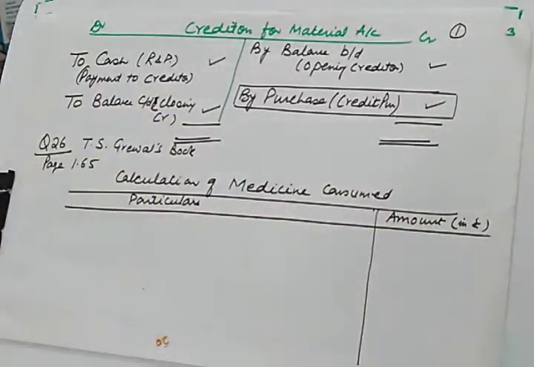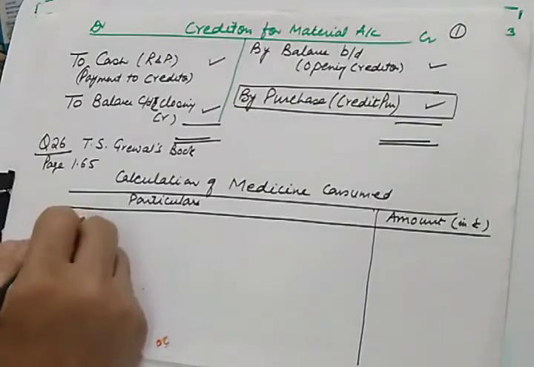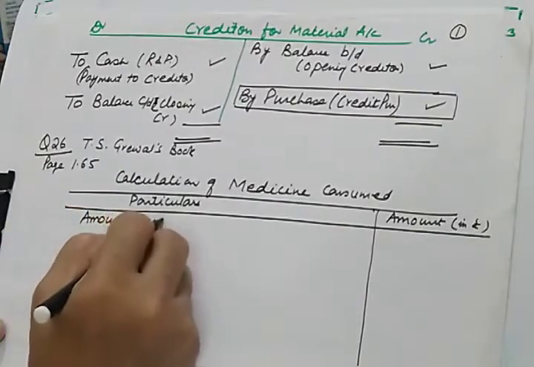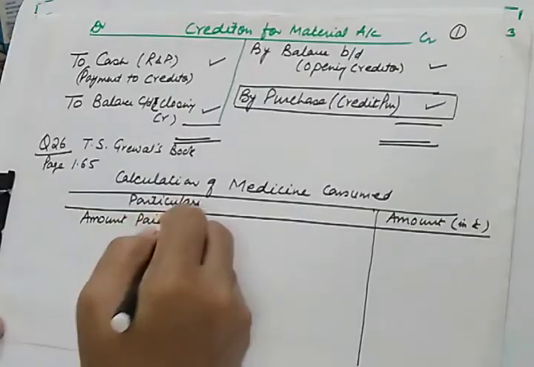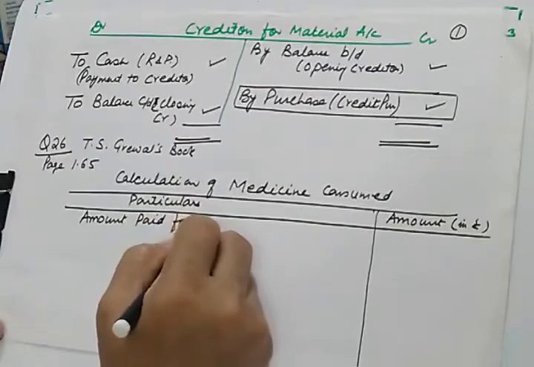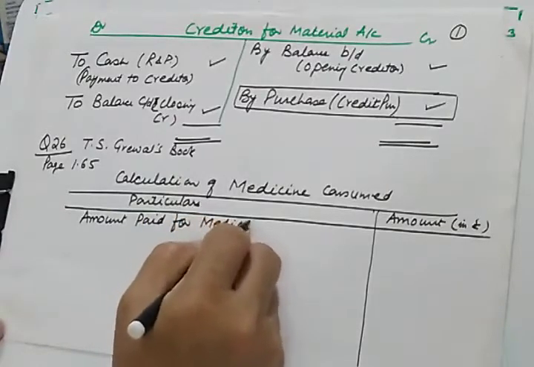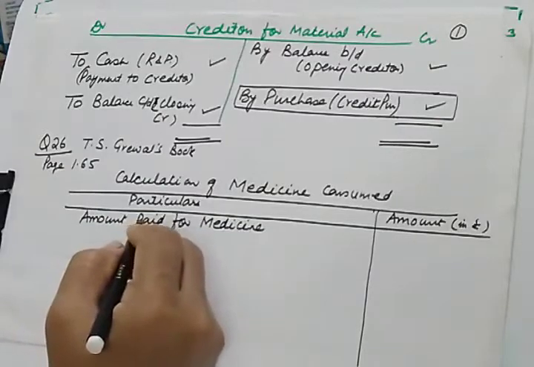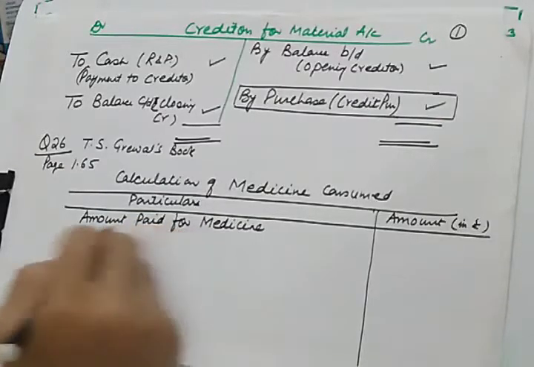So it will start with the starting point, which is amount paid for stationery during the year. Amount paid for, not stationery, paid for medicine. But here cash purchases are given to you. So you can start with the cash purchases.